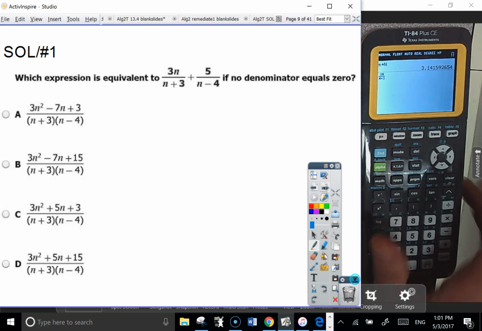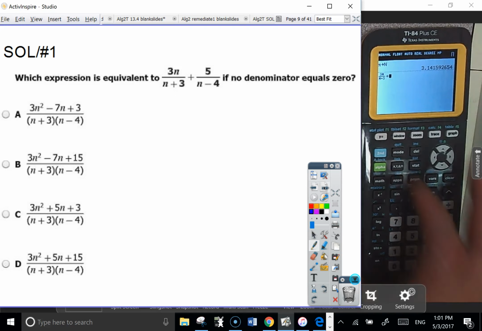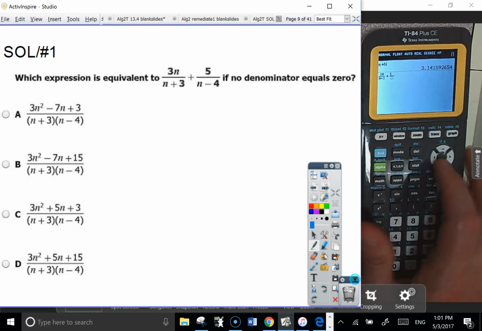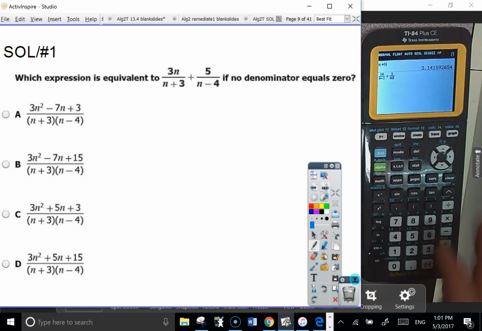Right? And then right arrow plus alpha y equals 1, 5 alpha n minus 4. So when I hit enter, it's going to evaluate that expression with n equals pi. And the answer is negative 4.29.